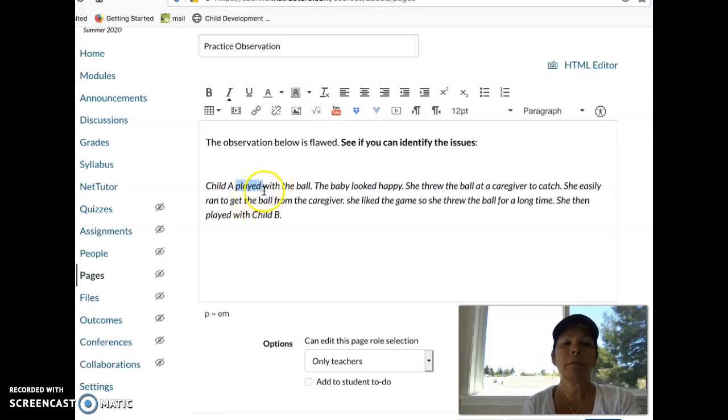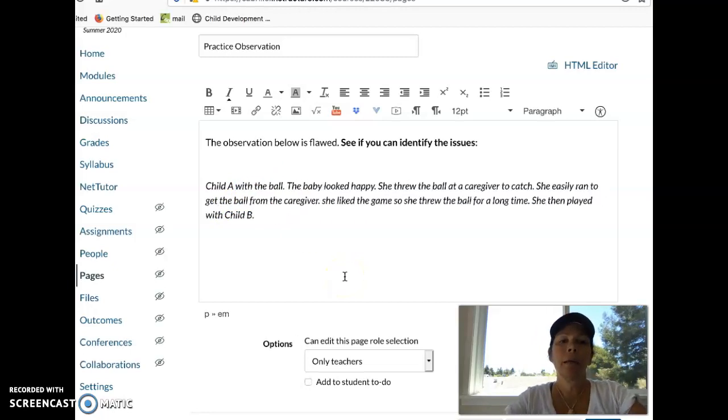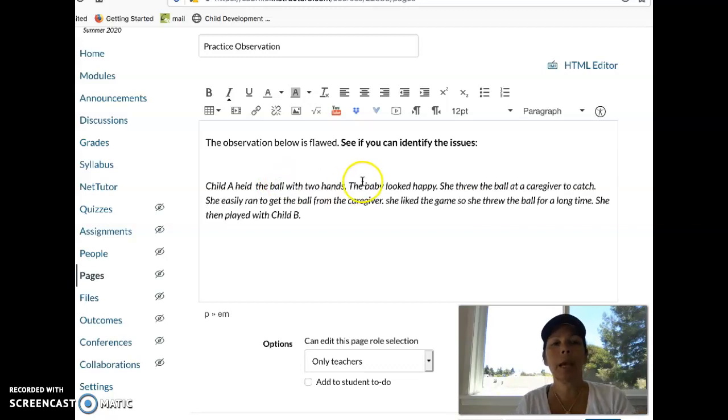So maybe instead of played, what she did is child A held the ball with two hands. Okay, so I can definitely picture that. Second sentence, the baby looked happy. Well, happy is an interpretation.